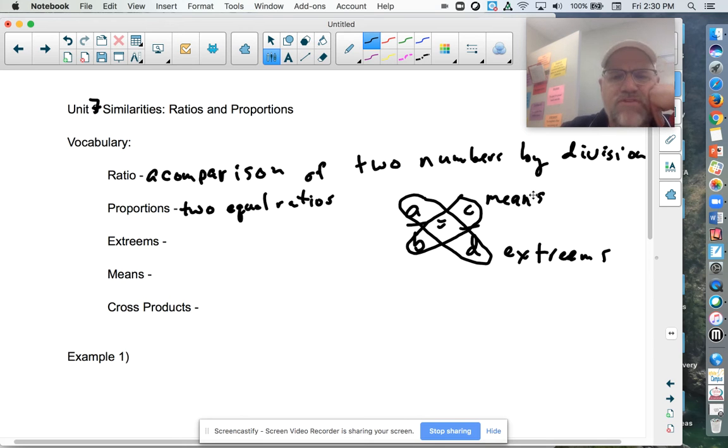Just know that in a true proportion, the product of the extremes equals the product of the means. So if I cross multiply, they're equal.